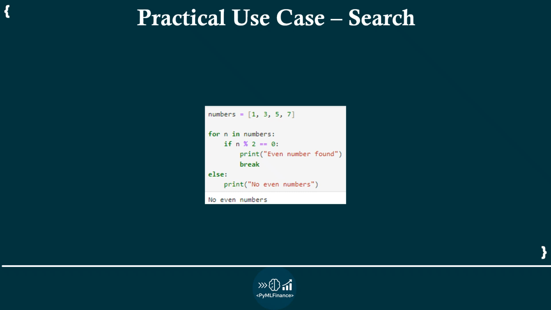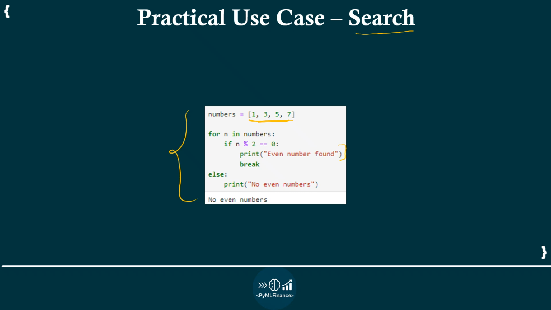Now let's see a practical use case here. This pattern, that is else with for, is extremely useful for search related problems. Now here if you see, we have numbers, that is a list of numbers. Now here we are trying to check if a number is even. In that case, we want the loop to break.